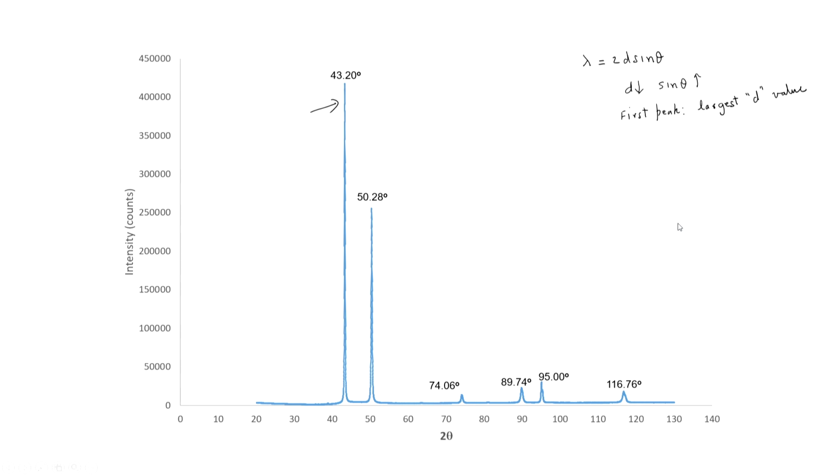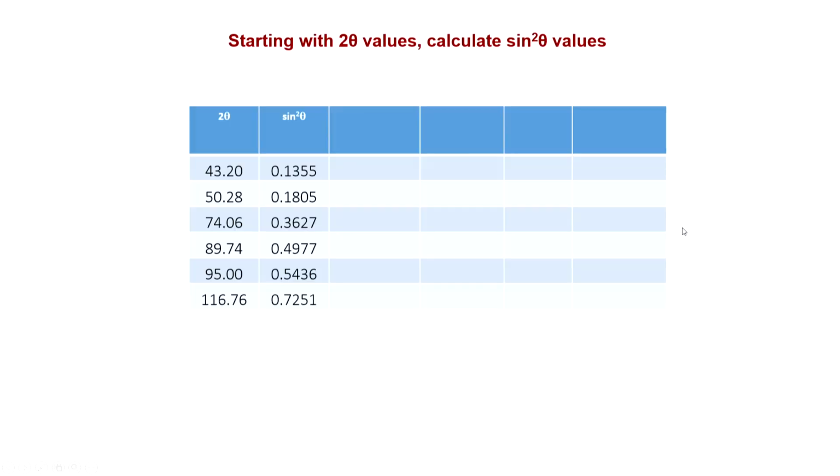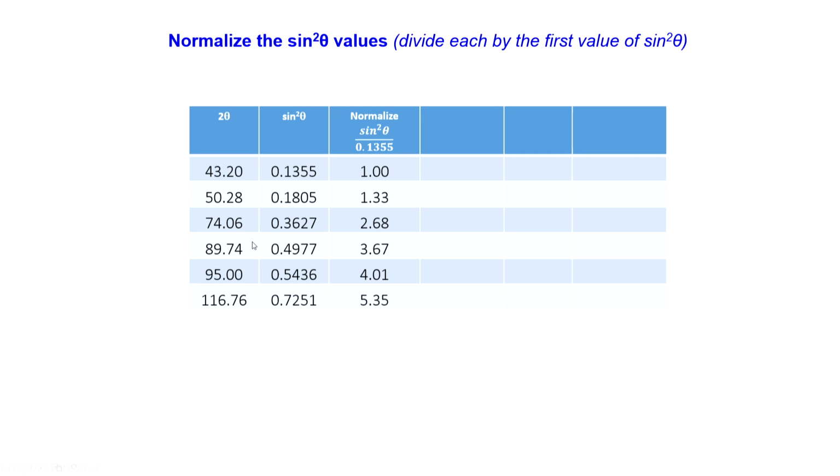Now, let us take all of these 2 theta values and put them in this table in this manner. I put on the left column the 2 theta values, then I have computed sin square theta values, and then I have normalized them with respect to the sin square theta value for the first peak, which means I have divided all the sin square theta values by the sin square theta value for the first peak, which is 0.1355.